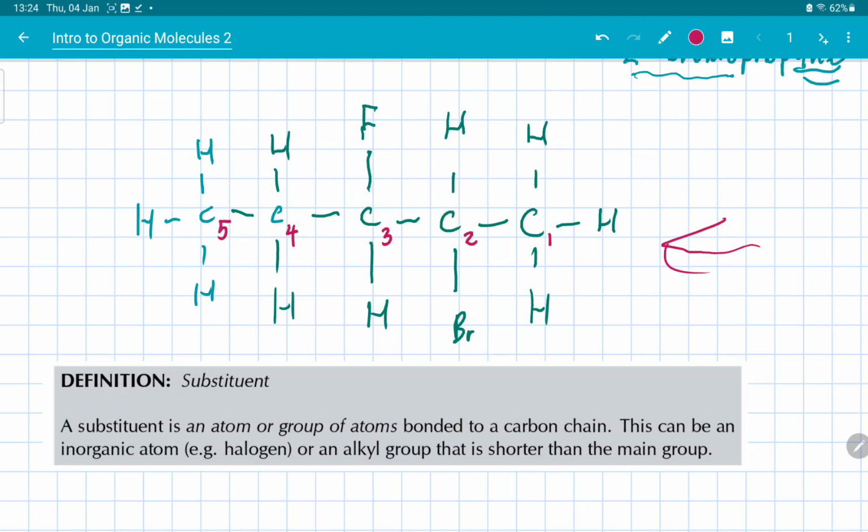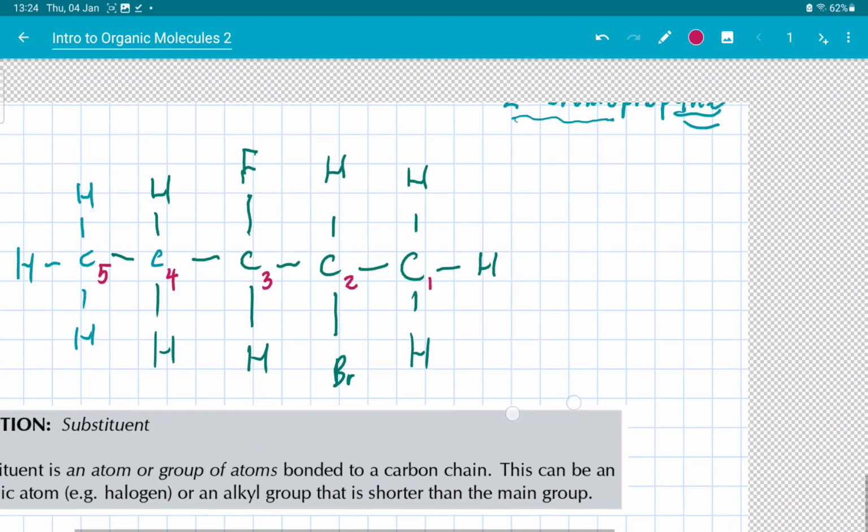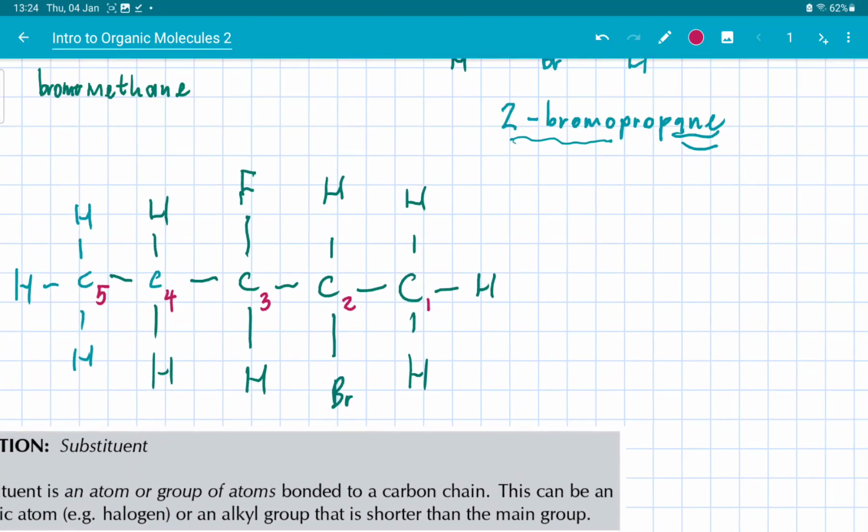So I'll start from this side, this is my carbon 1, 2, 3, 4, 5. And then when I write the name, obviously it's pent- because there are 5 carbons there. Pentane, because they are single bonds between carbon atoms. However, Br and F: bromo and fluoro.